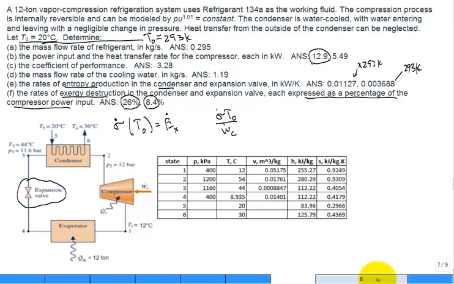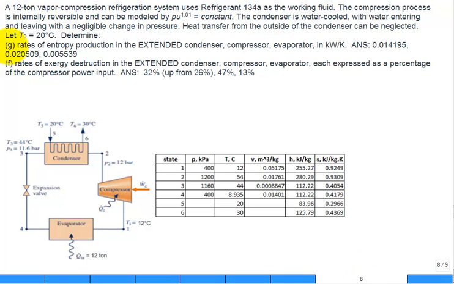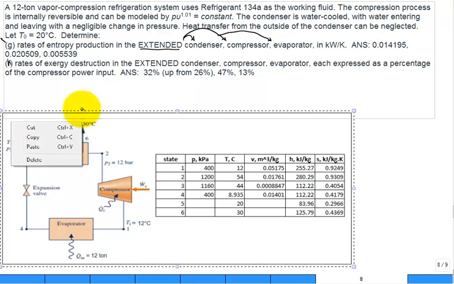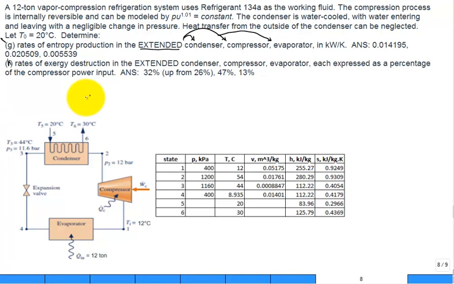All right, let's continue. So this is a little extra G, and this should be H. Calculate the rate of entropy production in extended control volumes around the condenser, the compressor, and the evaporator. What do we mean by that? Well, we know that this water goes out and there's another heat exchanger, and it's like the water's going in a loop here.